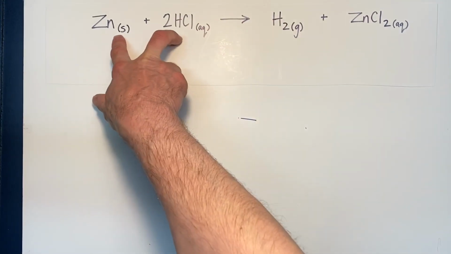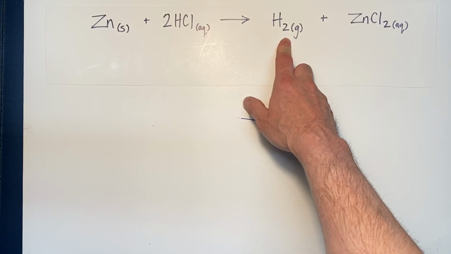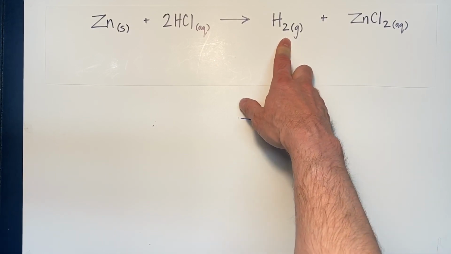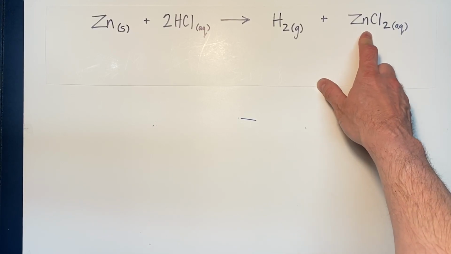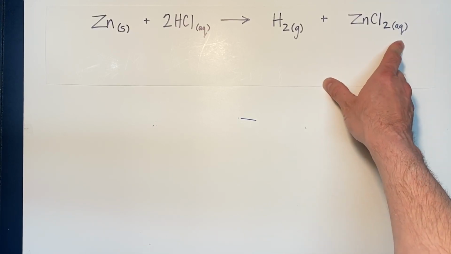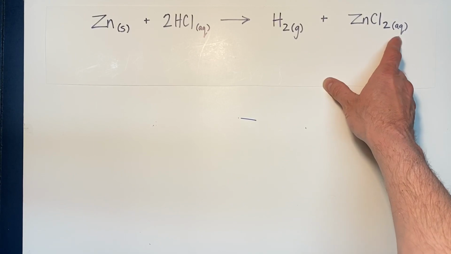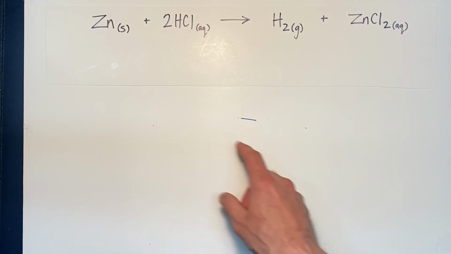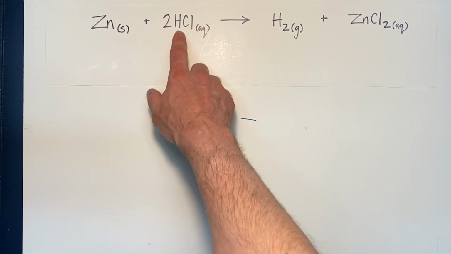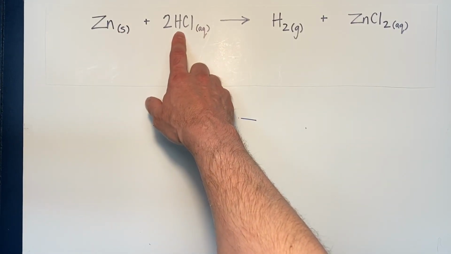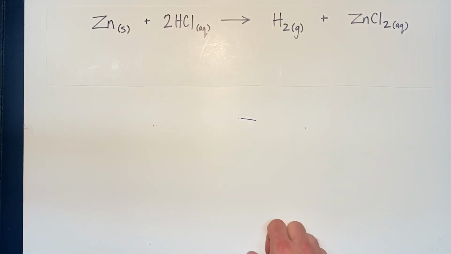When they come in contact, bubbles are formed. Inside the bubbles is hydrogen gas, and the zinc disappears. Really what's happening is it's dissolving and becoming part of this solution, a zinc ion in this solution. You may recognize this as a single replacement reaction where the metallic zinc replaces the metal in the compound hydrogen.